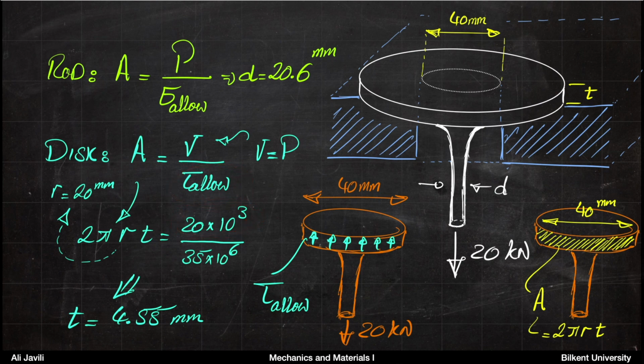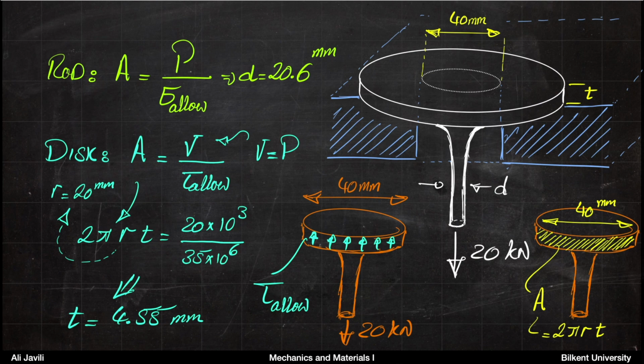Allowable shear stress was 35 megapascal, so you also put that in the denominator. Now the area is 2 pi r, which is the perimeter of that circle, times the thickness. You have r, which is 20 millimeter, and then from that calculation you can see that the thickness is 4.55 millimeter.